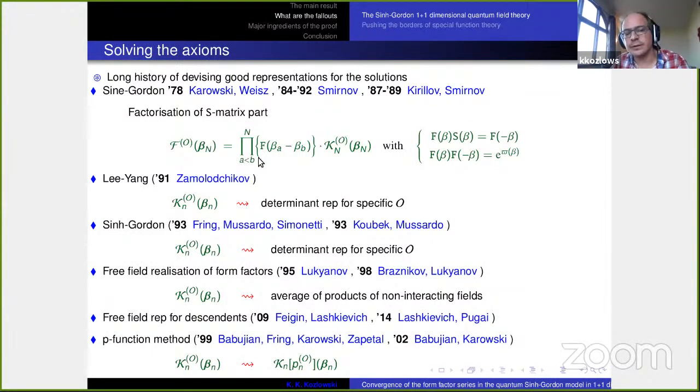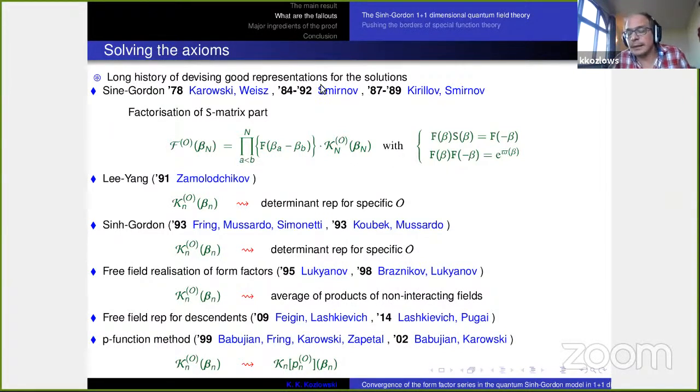You look for form factors in the form of a prefactor, which is a product of a function of the difference of two variables beta a minus beta b, which satisfies a simple scalar equation. So f of beta is the S matrix times f of minus beta, and f of minus beta actually gives you this two-body interaction, which I showed in the beginning of the talk.